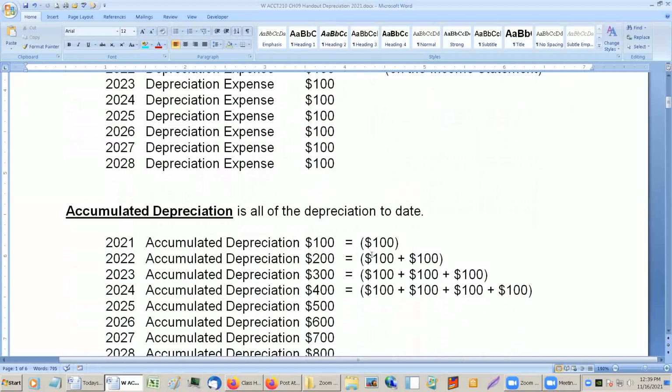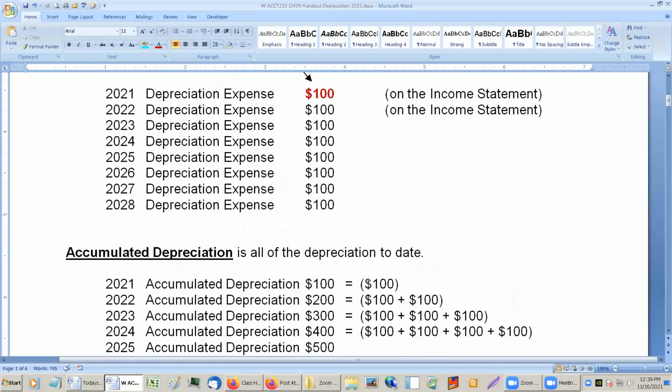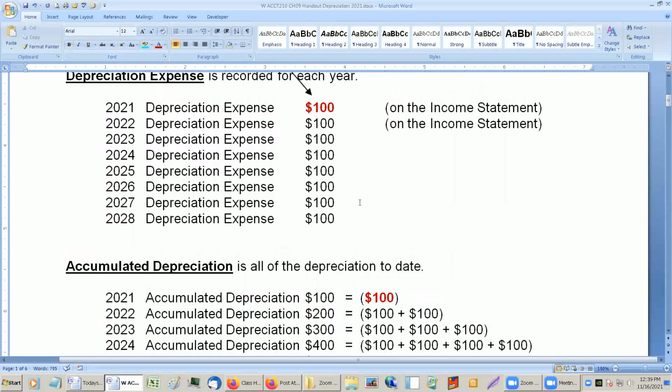Okay, now accumulated depreciation just keeps adding up. So this keeps adding up every single year as we add more depreciation. So this first one would look like this. So this $100 would be for, get it to do this correctly. It'd be that one.